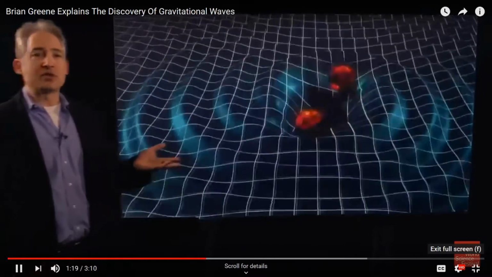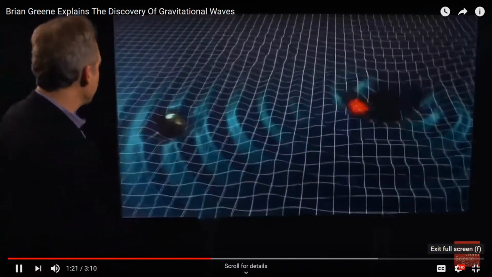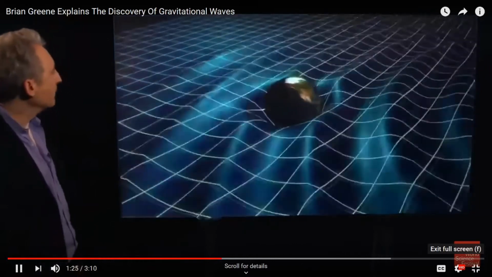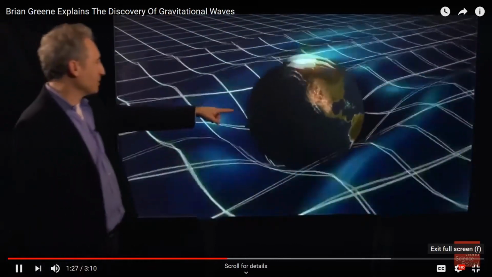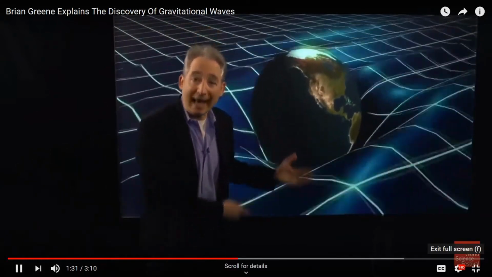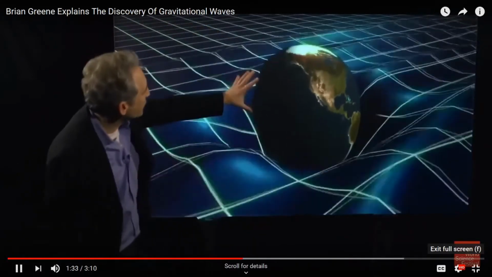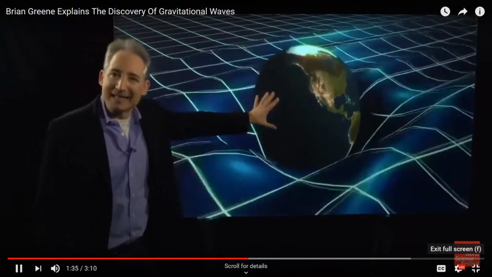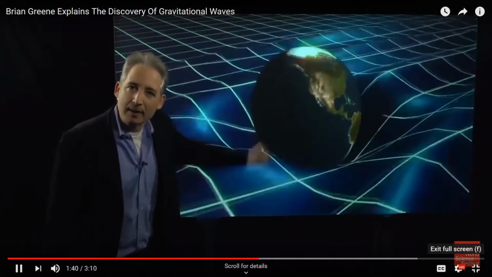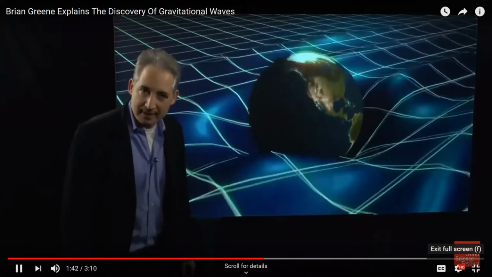Well, the math shows that as a gravitational wave rolls by, it will squeeze and stretch anything in its path. You see it happening here for the Earth, but of course, this is highly exaggerated so you can see the effect. When you do the calculation, you find that the amount of squeezing and stretching would be tiny, a mere fraction of an atomic diameter, and that makes it pretty difficult to detect.